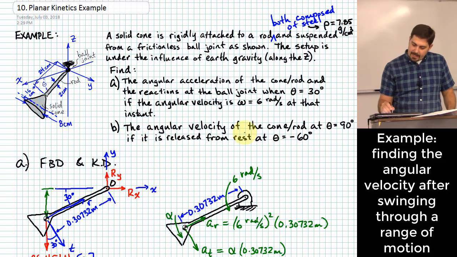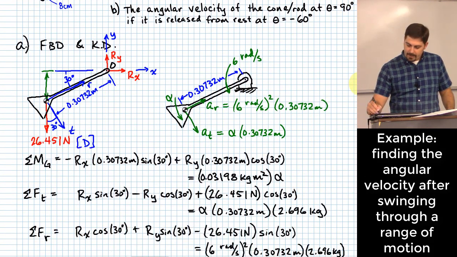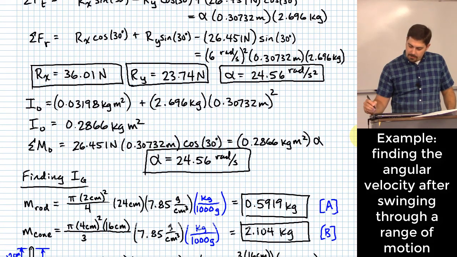We're supposed to find the angular velocity of the cone and rod at theta equal 90 degrees if it is released from rest at theta equal negative 60 degrees. Okay? Here's what we can use to get that.